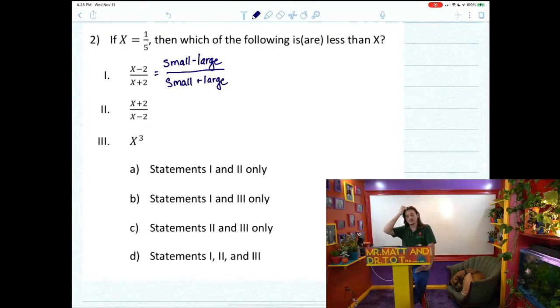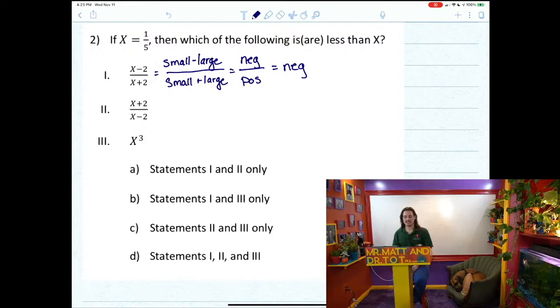Now the small plus the large will stay positive, but a small minus a large is going to turn into a negative. This is going to be a negative divided by a positive, which must always return a negative result. So if x is equal to positive 1/5 and the answer to this expression is a negative value, then the answer must be less than 1/5.